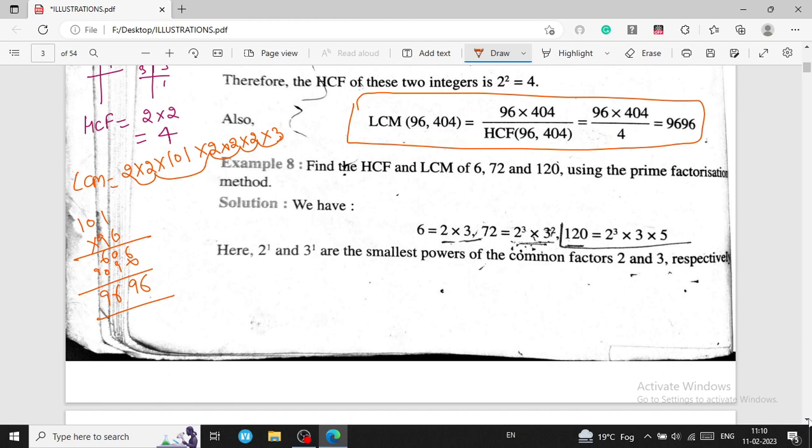You can see the result will be the same. Either you can use this method or the other method.